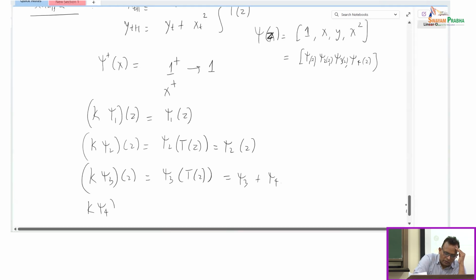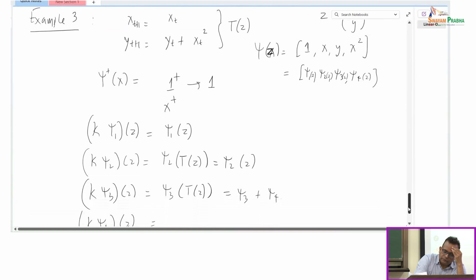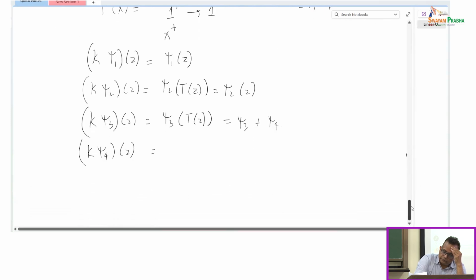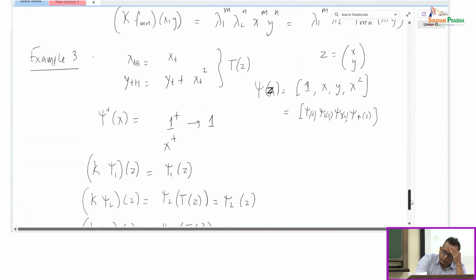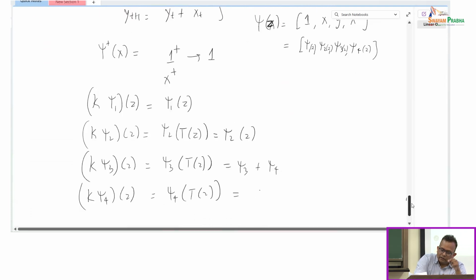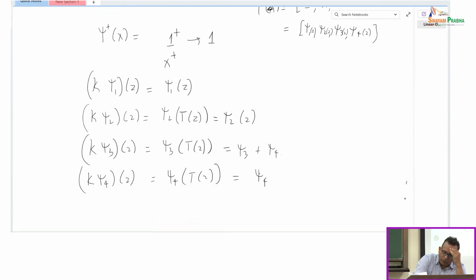And now psi 4 of z is x square, so psi 4 of T of z, psi 4 is x square, which is again x square, right? So it will be again psi 4 of z.